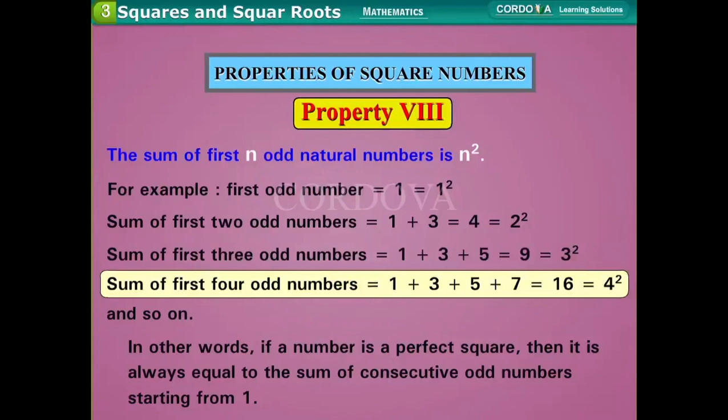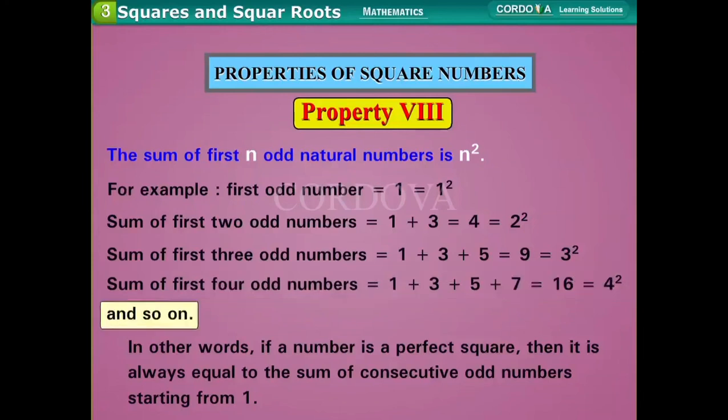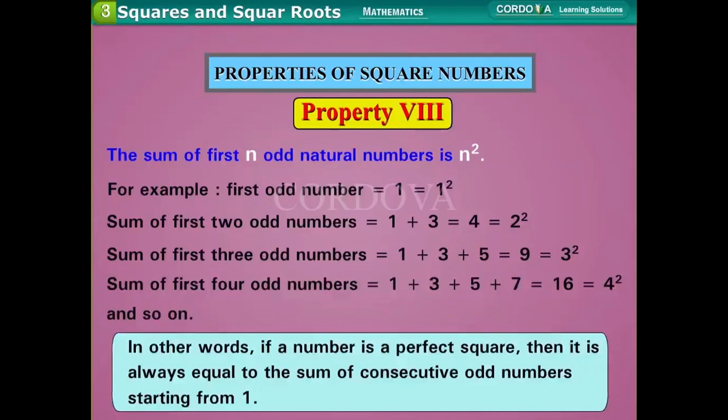Sum of first four odd numbers is equal to 1 plus 3 plus 5 plus 7, which is equal to 16, which is equal to 4 square, and so on. In other words, if a number is a perfect square, then it is always equal to the sum of consecutive odd numbers, starting from 1.